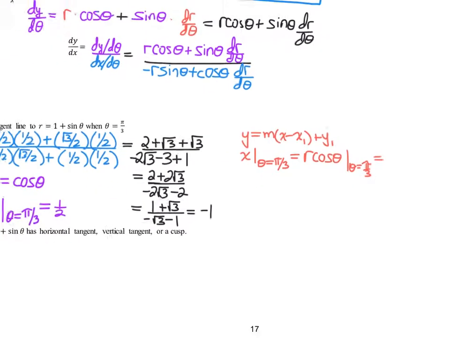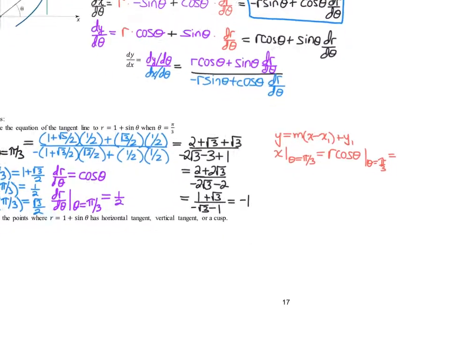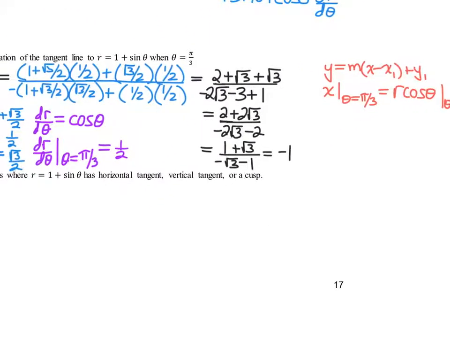So then we're just going to go back, and this is why you don't need to go that far. That's why I do all this stuff on the side here, because I have this information. I know it's 1 plus root 3 over 2, and I need the cosine, which is 1/2. All right, so 1 plus root 3 over 2.